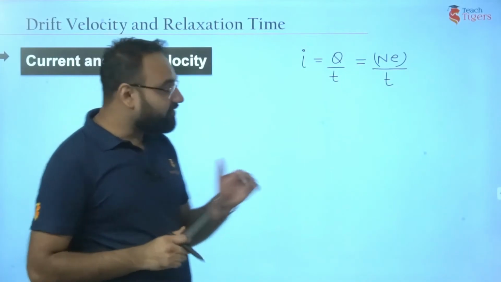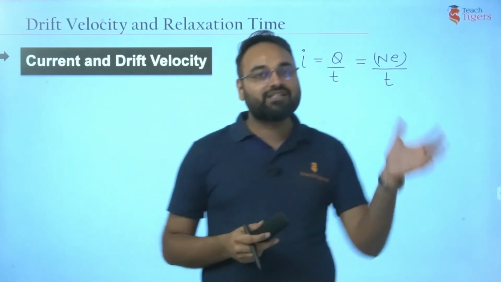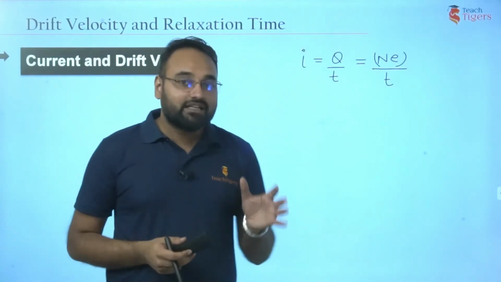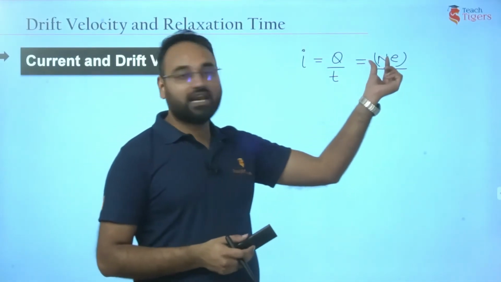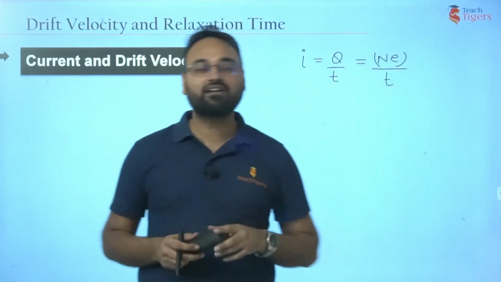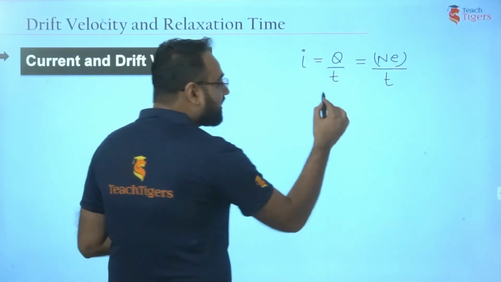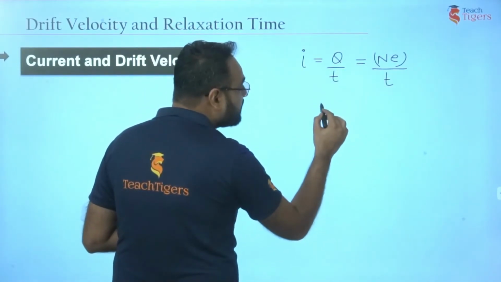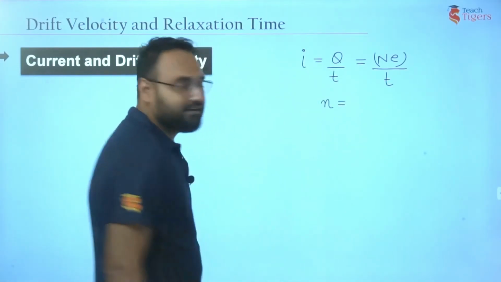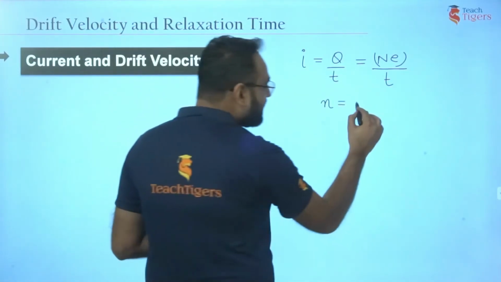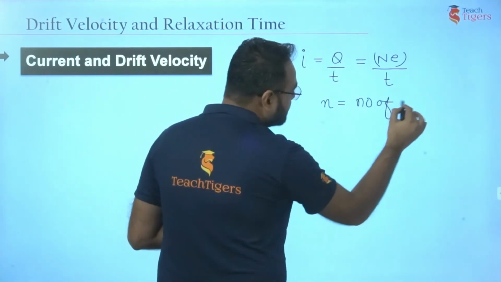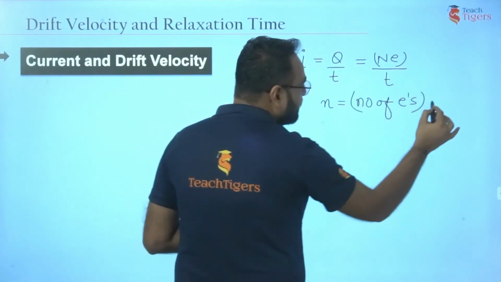But whenever you go to market and purchase a conductor, they will not specify the number of electrons present inside the conductor. Rather, they will specify the electron density, that is small n. What is small n? Small n is the number of electrons per unit volume.